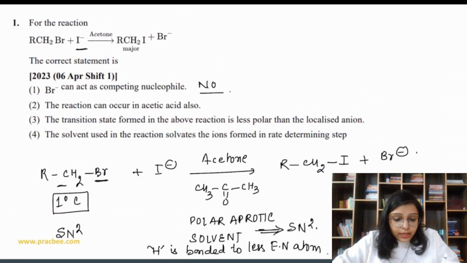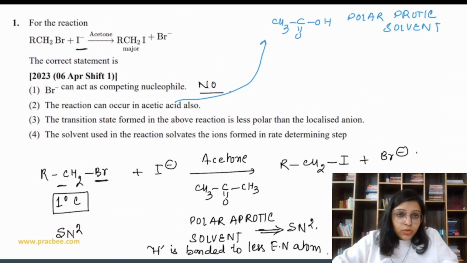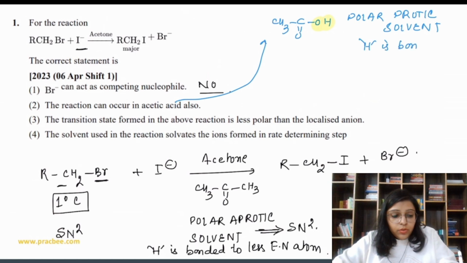Second, the reaction can occur in acetic acid. Now, acetic acid is this. So this is a polar protic solvent. What is a polar protic solvent? Where hydrogen is bonded to a more electronegative atom.